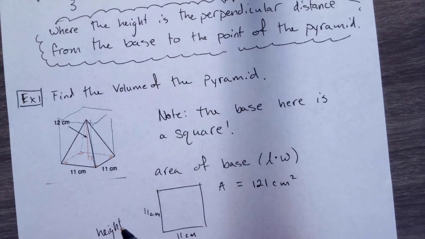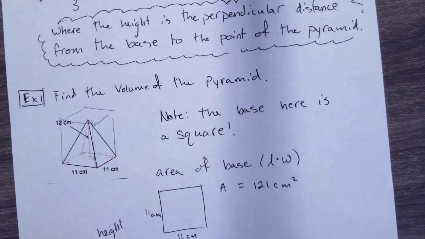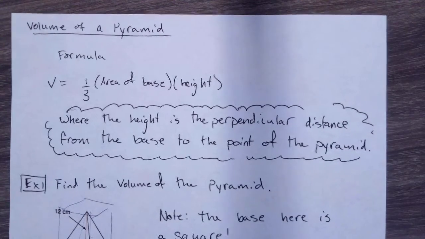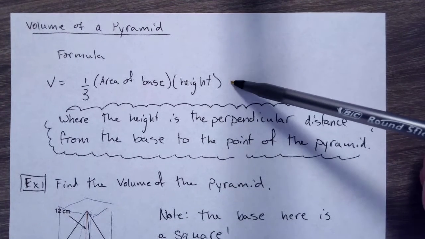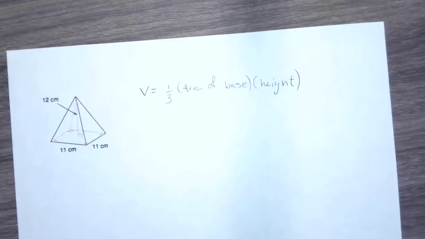That would be the volume of that whole prism. And then times that by 1/3, because that's the volume of the pyramid. But we don't really need to understand that too well. We can just use this formula. So volume of a pyramid, this is what we're going to be looking at.